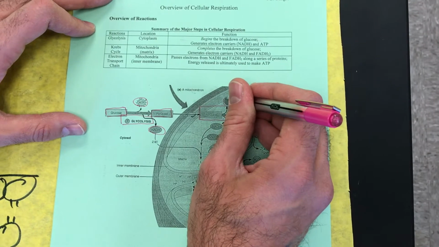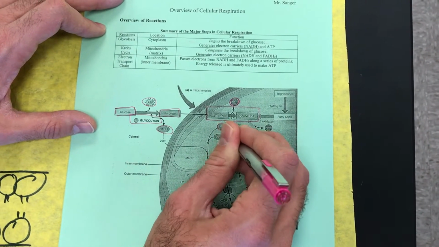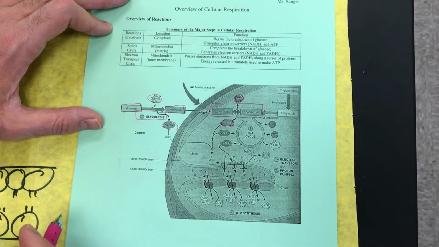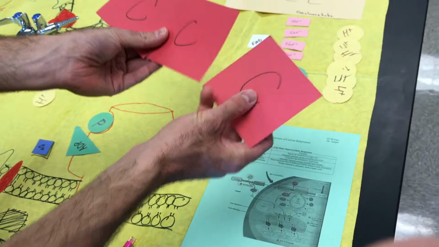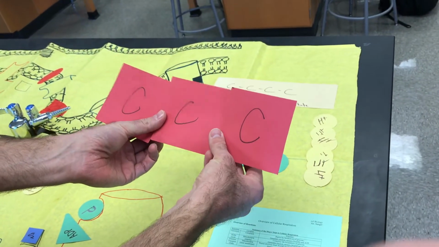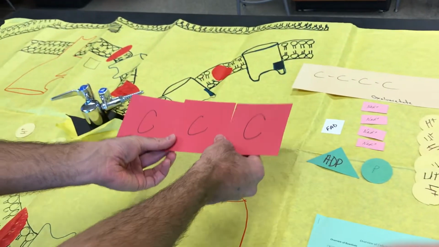You'll notice that a molecule of CO2 is released in this, and a molecule of NADH is produced. To model that, I'm going to take my pyruvate, which was 3 carbons long, and these 3 carbons are going to enter the mitochondria.